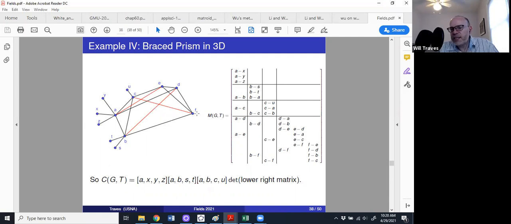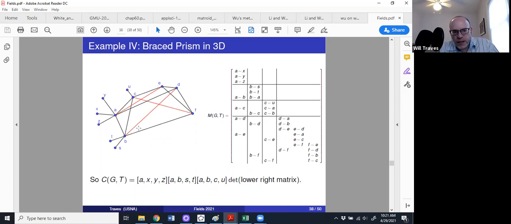But that's not isostatic in 3D. If you take 3V minus 6 here, it's not equal to the 9 edges, it's equal to 12. So we have to add 3 bracing bars in order to brace the prism so that it becomes rigid, or generically rigid at least.